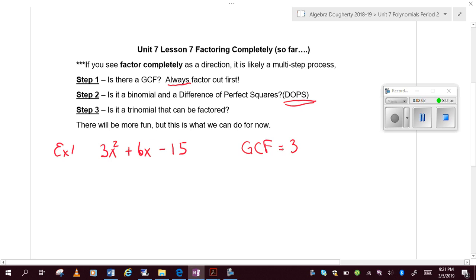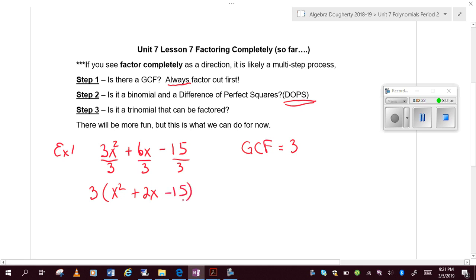The positive 3 because the leading coefficient is 3. So what I'll do is I'll divide everything by 3, and I'll rewrite it in 2 parts. You have the GCF out here, and the quotient, that becomes x squared plus 2x minus 15.